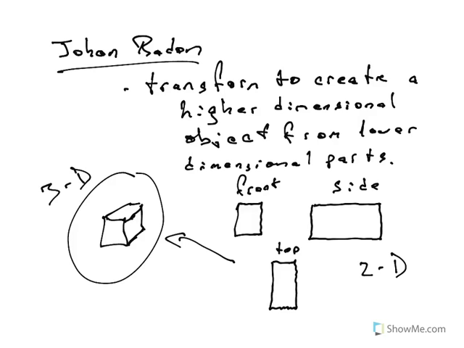But I take multiple of them. I can combine those 2-dimensional images, that 2-dimensional information, and create the higher dimensional original object. So the thought was, well, if that's true, let's do it for the body.